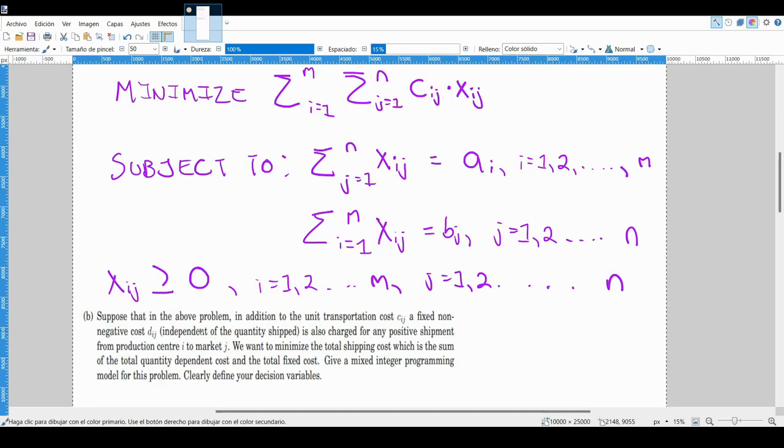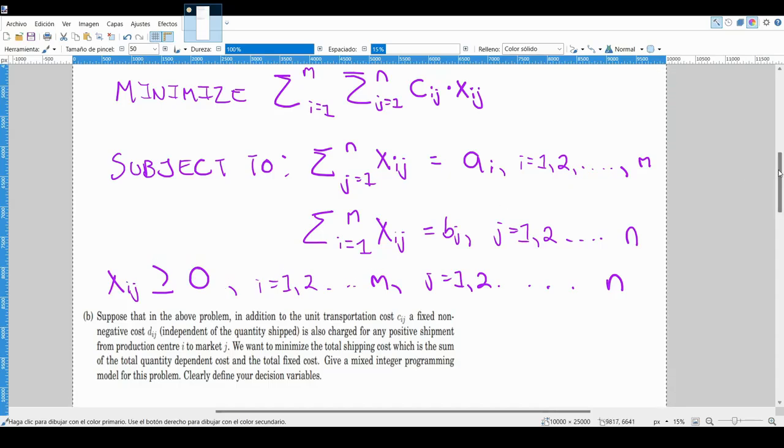We want to now assume, and this is what part B is asking, that a non-negative cost Dij is going to be charged for any positive shipment from production center I to market J, and we want to give a new problem to reflect this cost.